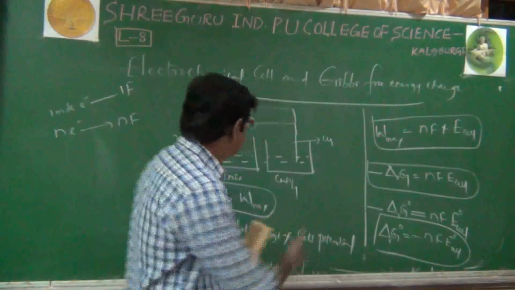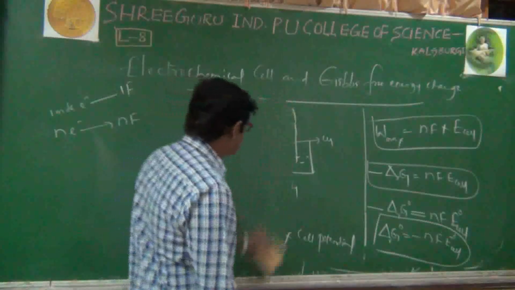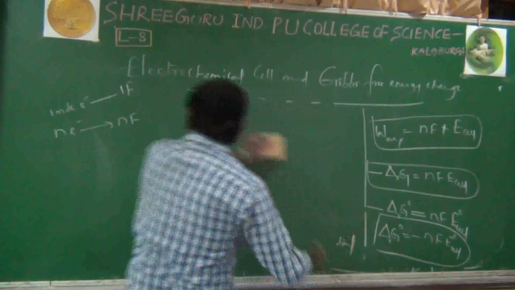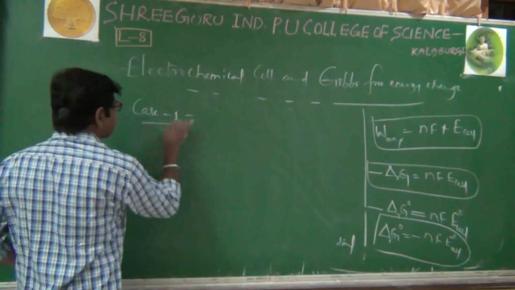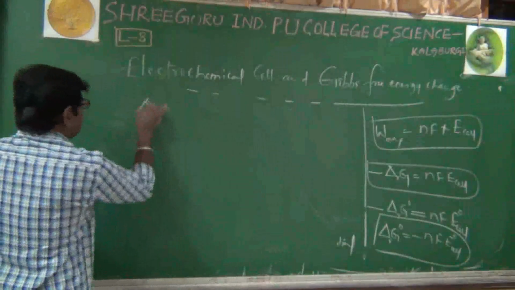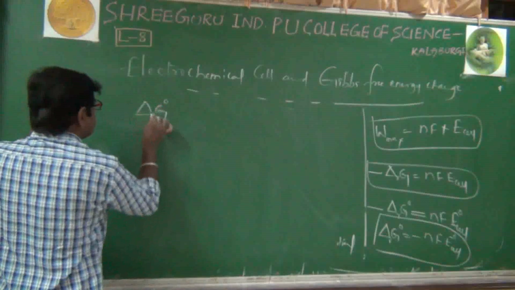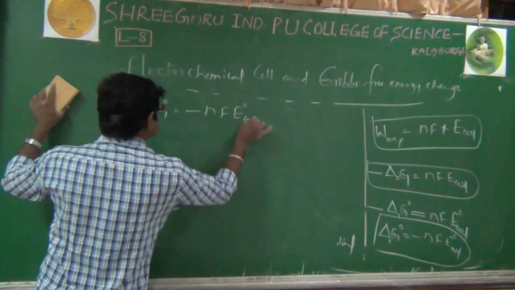But before that, we will see some cases based on the formula. Before case 1, we will write the formula once again: delta G naught is equal to minus nF E naught cell.